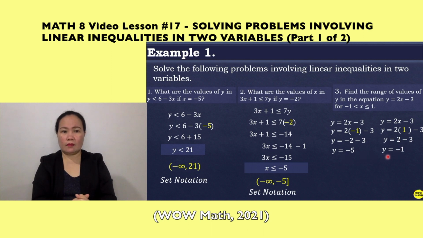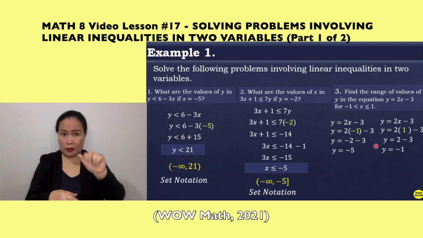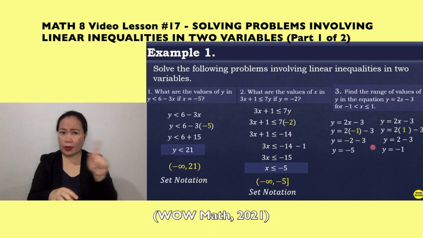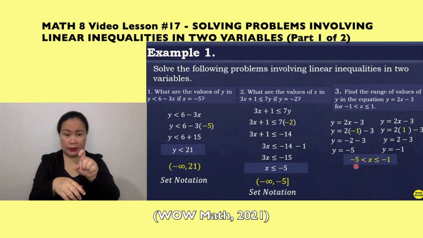Okay. Is this the end? No. Kasi ang hinahanap natin ay range of values. Okay. So, ano daw ang values ng y natin? Okay. So, paano mo siya gagawin? Here it is. So, ang gagawin po natin, therefore, your y is greater than negative 5.